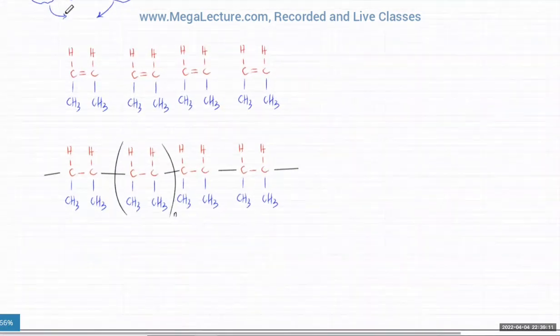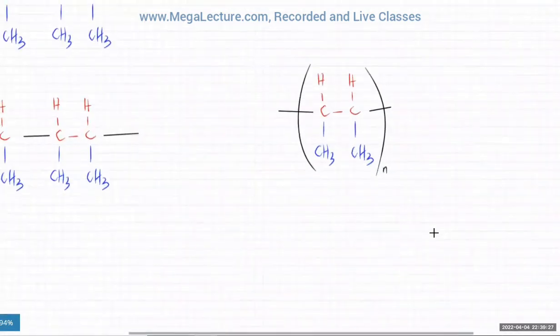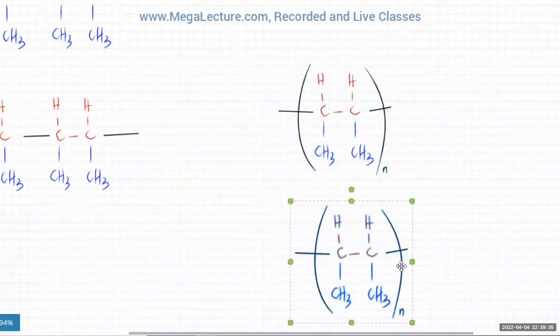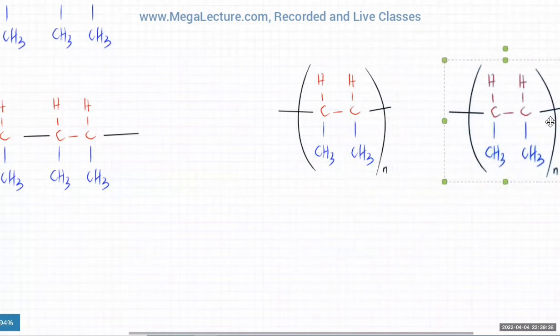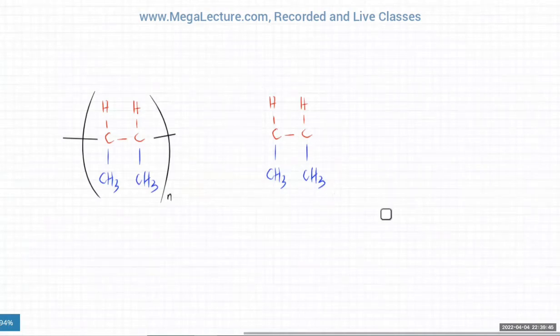And finding the monomer is really easy. If you're given the repeat unit, you don't have to do what we did earlier. So if I'm just given this thing, and they ask me for the monomer, all I have to do is get rid of the continuation bonds, this N over here, and put the double bond back in the middle.